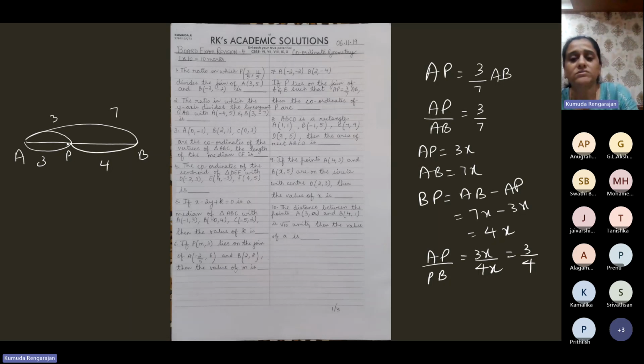Okay, 8th one. The area of the rectangle. Fine. What's the area of the rectangle? 40, correct. What's the length of the rectangle?